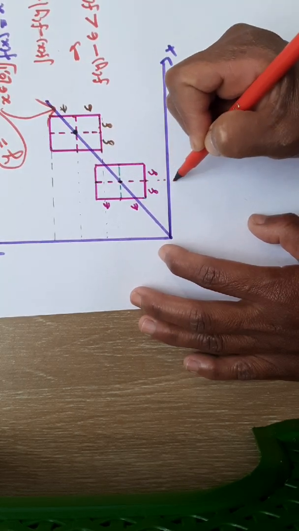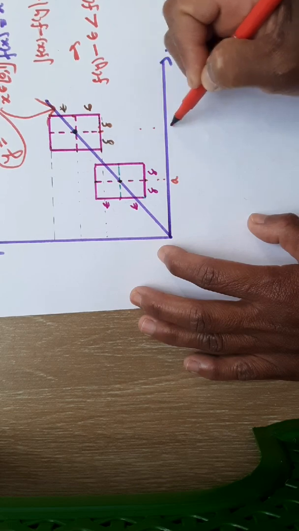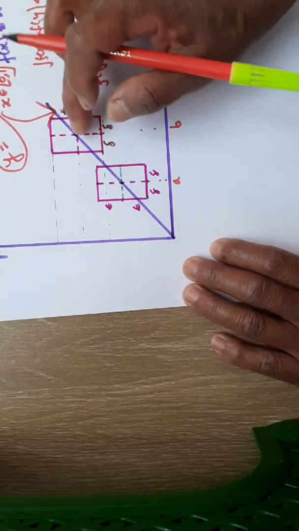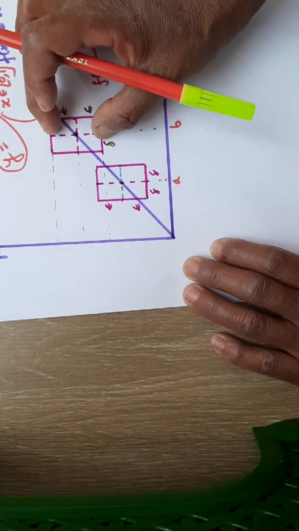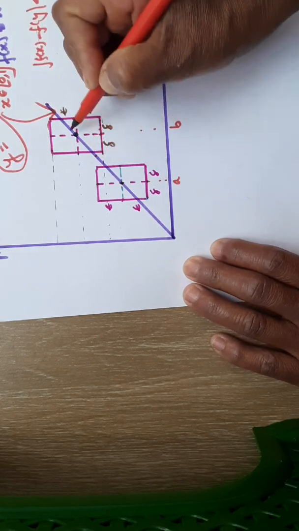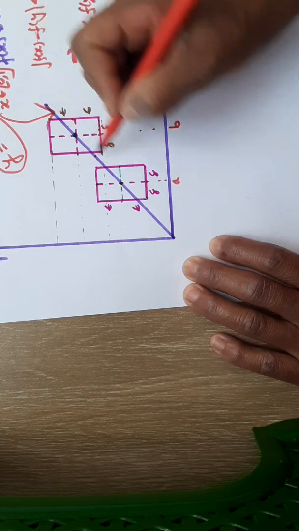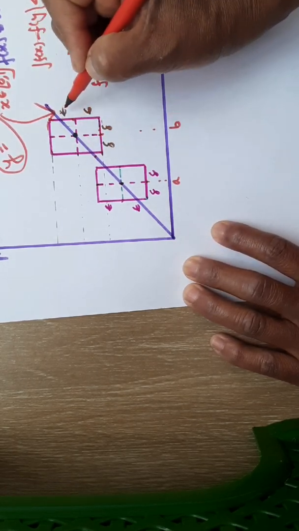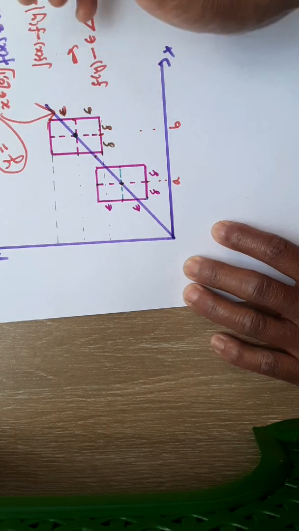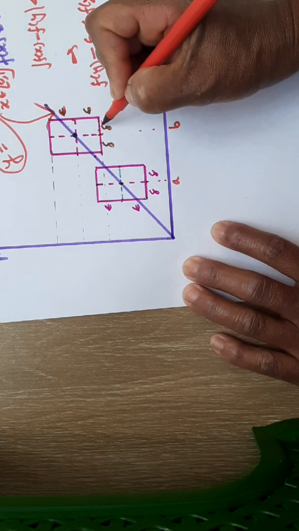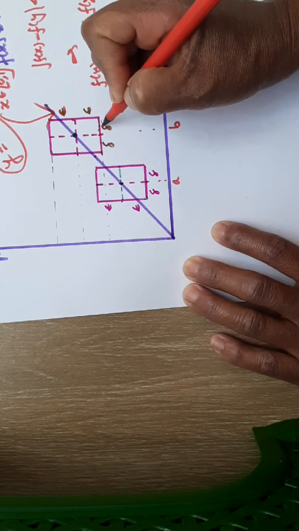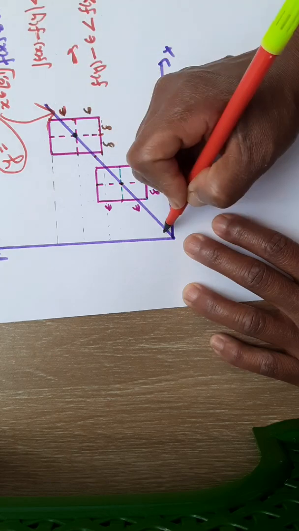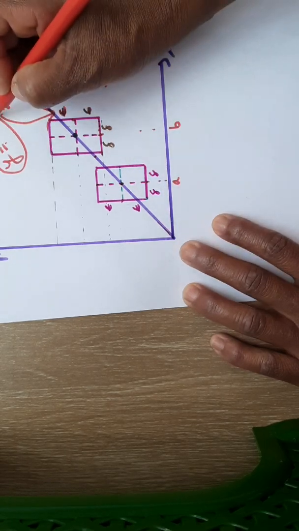If I take this point as A, this as B, then if you bring the rectangle here also, it will work. If you shift this rectangle to this point also, then it will work, because for a given epsilon greater than 0, whatever the value of epsilon, however small it is, we can always find a delta which will satisfy every point on this graph of y equals f(x).